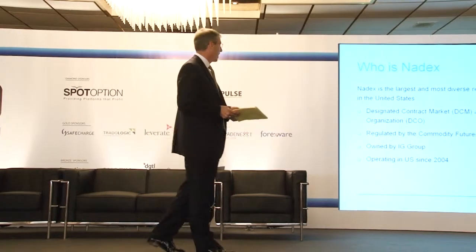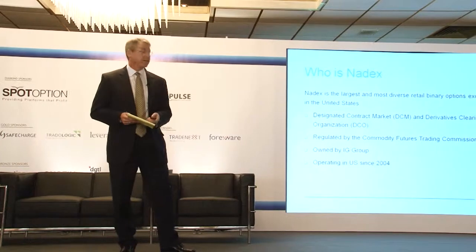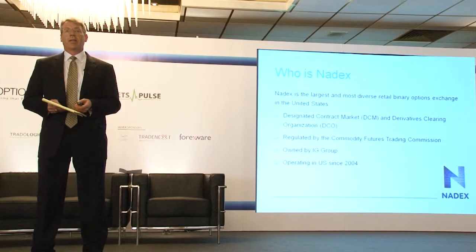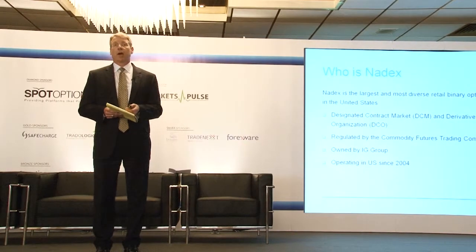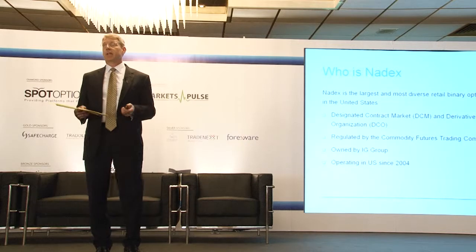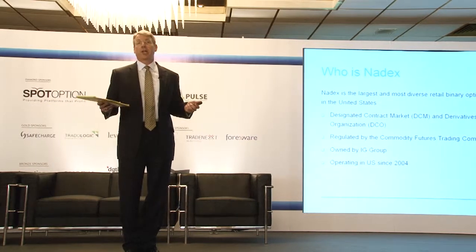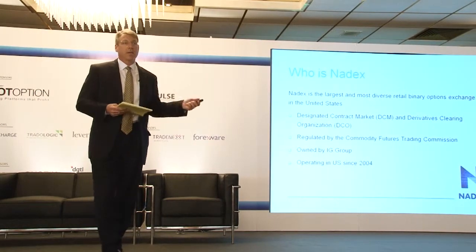And we are, in fact, regulated by the Commodity Futures Trading Commission as both a designated contract market and a derivatives clearing organization. That means, as a designated contract market, we've gone through the process of satisfying the CFTC that we meet all their regulations and requirements for any exchange, whether it's the Chicago Mercantile Exchange, NYMEX, Nadex.